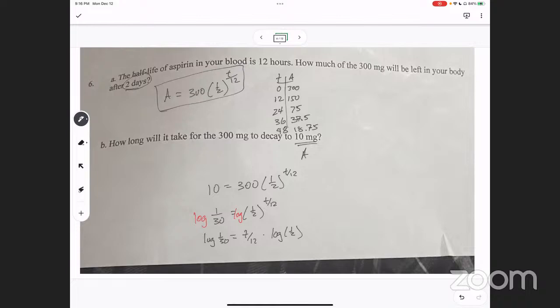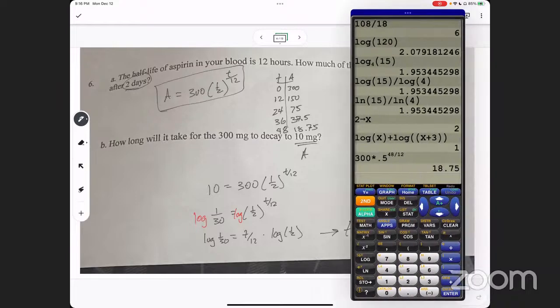And now I can multiply by 12 to get the 12 over and divide by the log of 1/2. So T equals 12 times the log of 1 over 30, all divided by the log of 1/2.